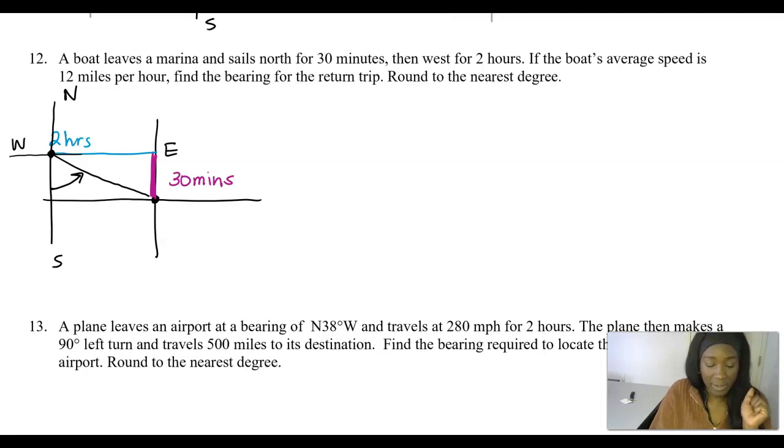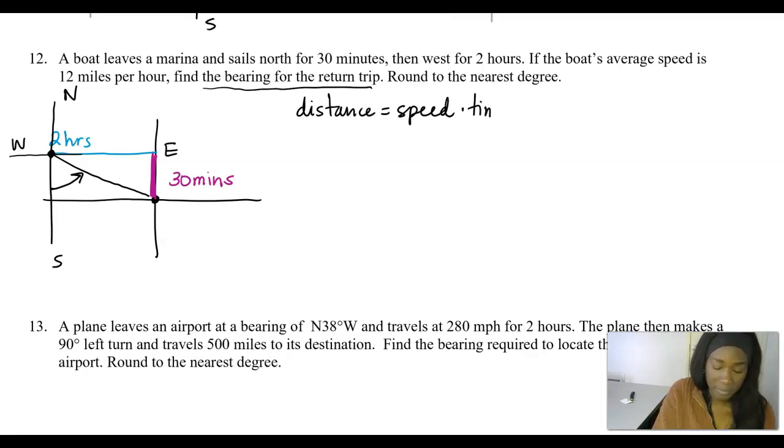So keep in mind, when this says for the return trip, that definitely means you need to be starting where the boat would start on the return trip, which would be wherever it traveled to. Okay, but the problem is that we don't have any sides on the triangle. We have times for how long it went that way, and we also have how fast it was traveling, or rather its average speed. And so we have to use the formula that distance is equal to speed times time to calculate what these distances are.